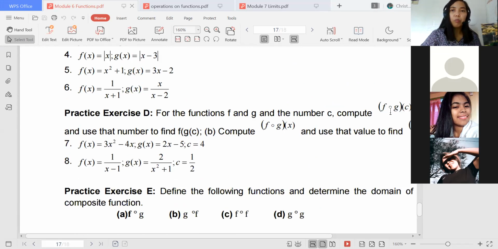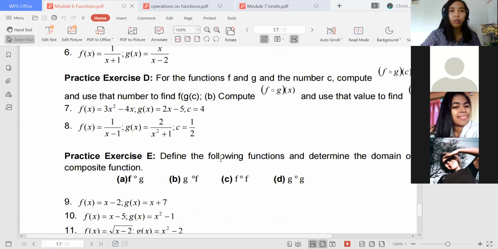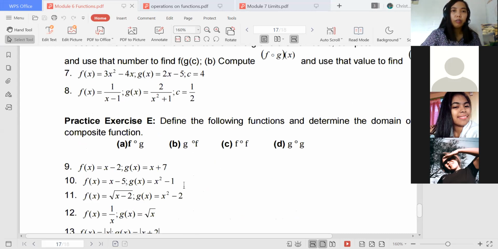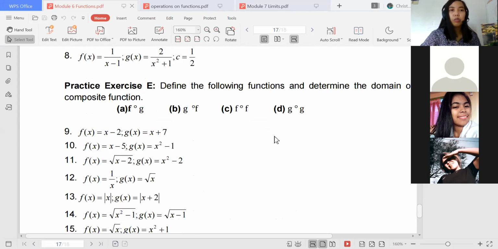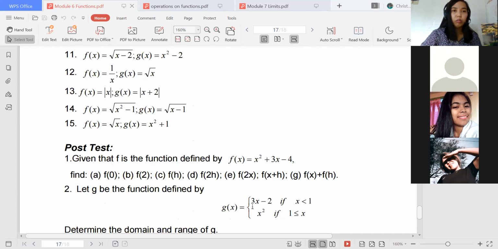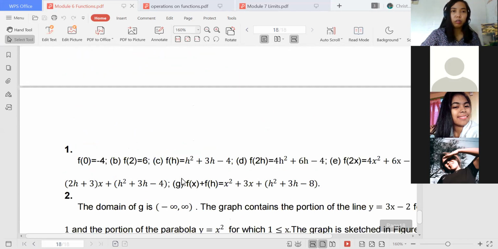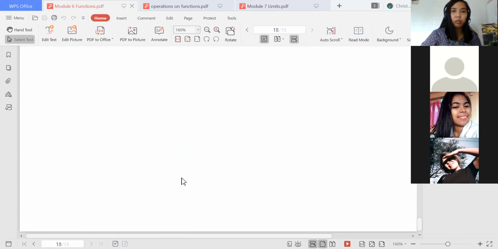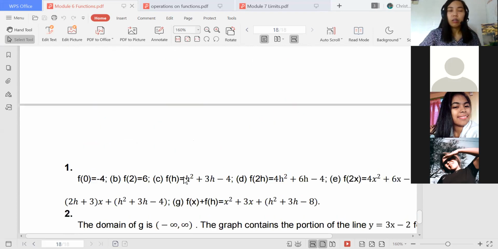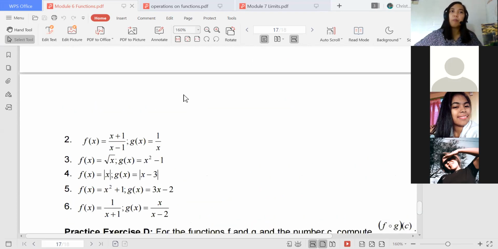For D, we have composite. Okay, and for E, also composite. All right, so that's it. Any question about Module 6, functions?